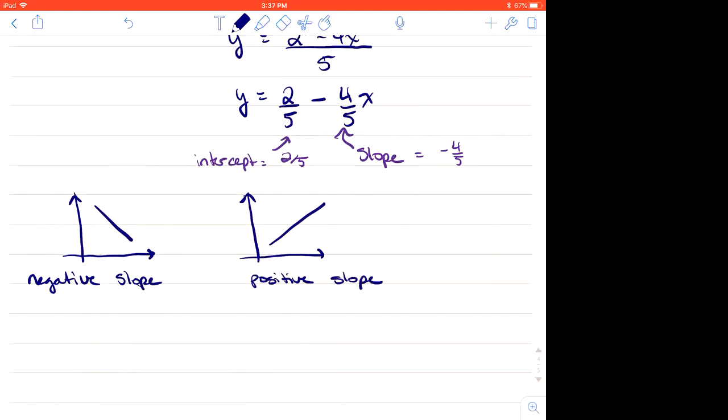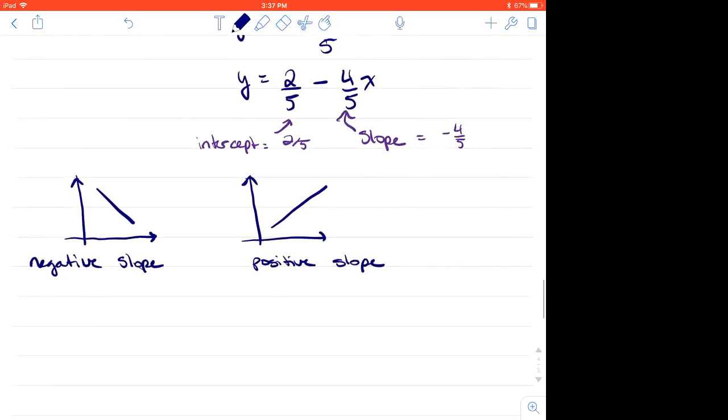So when you have a slope of negative 4 over 5, you know you're going to have this kind of downward sloping line. Right? So that's good to keep an eye out for. So the negative is very important. Right? We can't just drop it or change it or whatever.